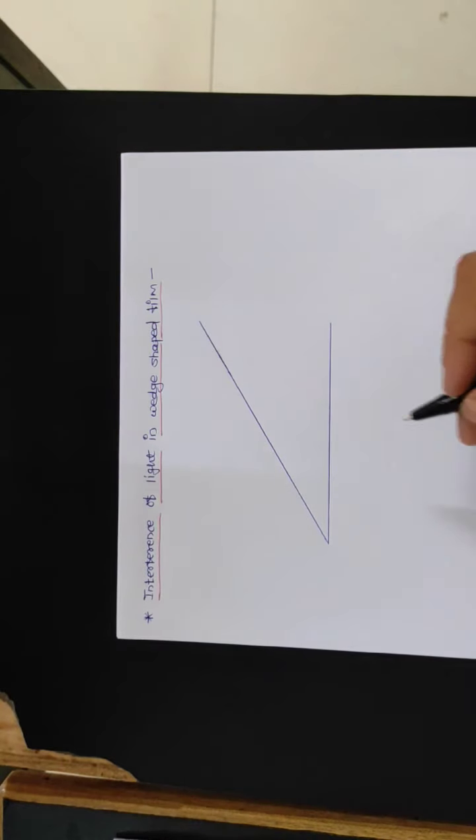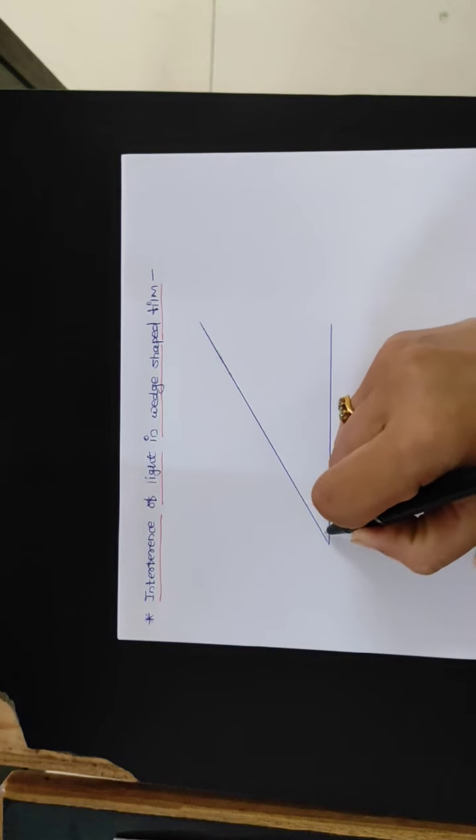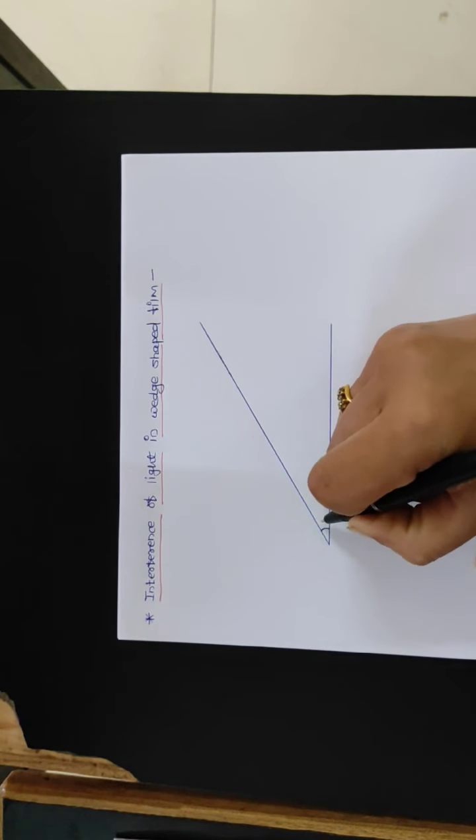Now this is a wedge shaped film which makes an angle alpha.